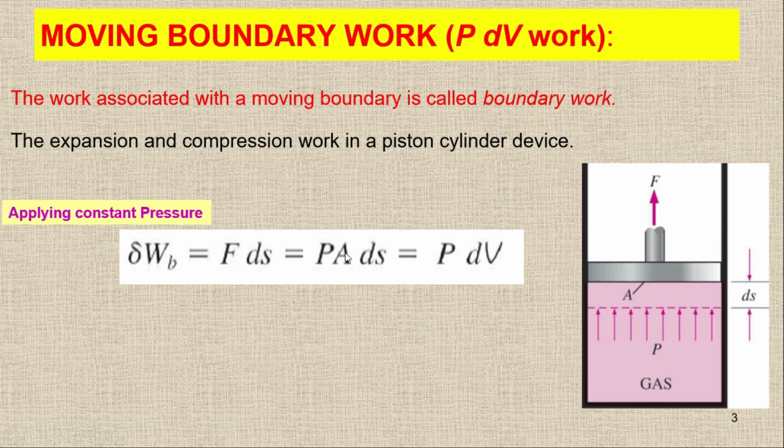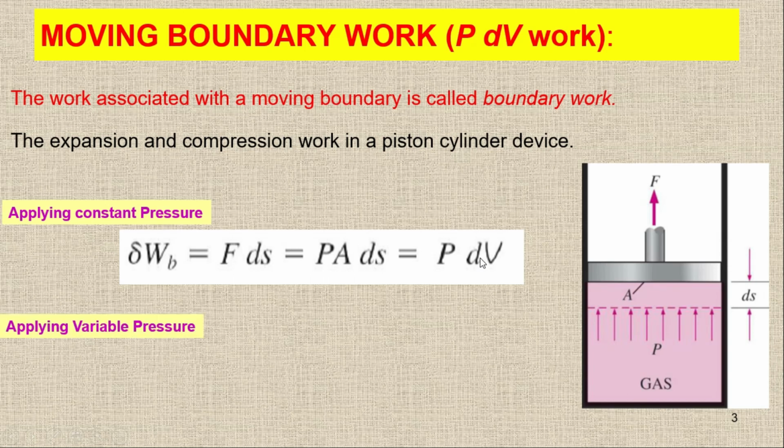If I combine this area times ds, you will get dV, or the change in the volume. So pressure times the change in volume is simply the boundary work, because we have the constant pressure, so we have P and then dV.